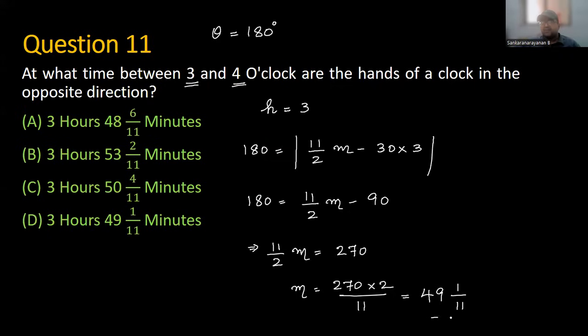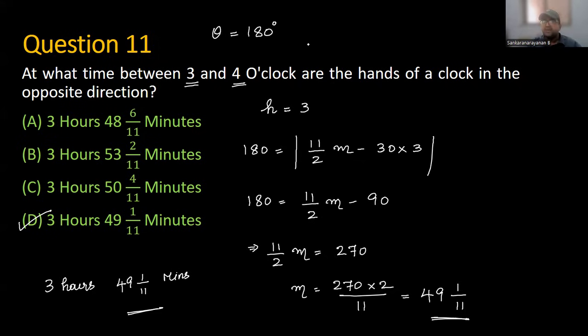Got my point? So the time under consideration should be 3 hours and 49 and 1 by 11 minutes. Going by the options, option D reads 3 hours, 49 and 1 by 11 minutes. So for this question, option D is going to be my final answer.